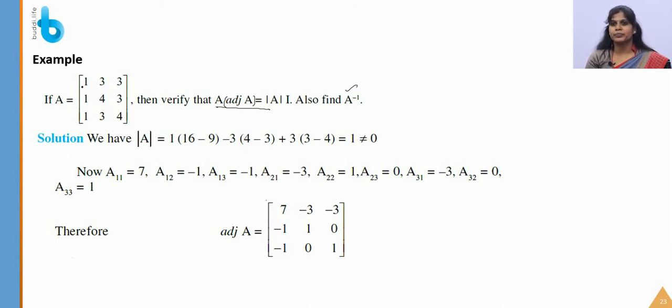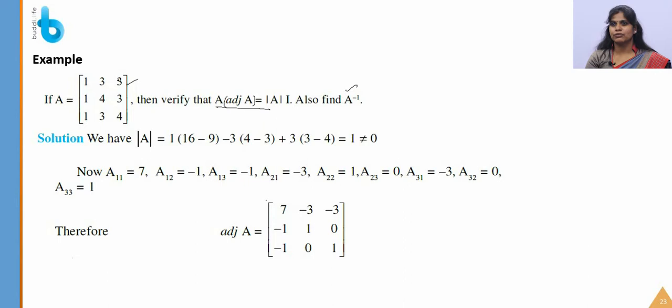See the example, they have given a matrix A, and we have to verify this and also find A inverse. As I told you before, for finding A inverse, you should check whether it is a singular or non-singular matrix. How will you find that? You first find the determinant value of that matrix, and if the value is non-zero, then it is a non-singular matrix.